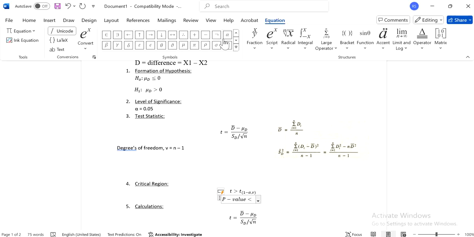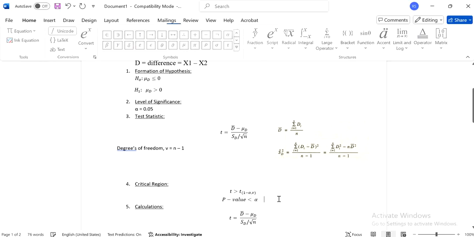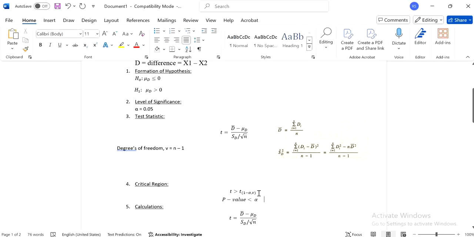I have already discussed in the classroom that there are two kinds of hypothesis procedures. One is by using critical value, the other is by using p-value. We are using the p-value criteria because we are using software. So the critical region will be p-value is less than alpha.